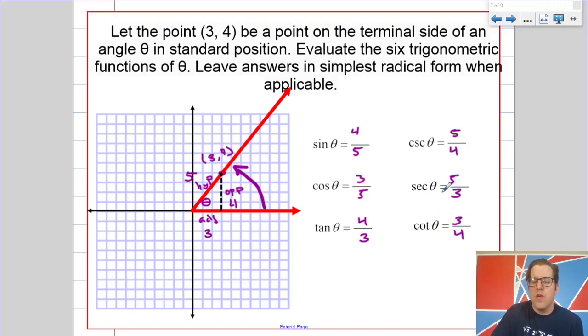One thing that's worth noting is that this would be true whether I was talking about the point 3, 4 or the point 6, 8. Those would be similar triangles, but the ratios would reduce down to the same thing. Another thing to think about is, while I'm thinking of this as a ratio of 4 to 5, it's also 0.8, because that is what that ratio reduces to.